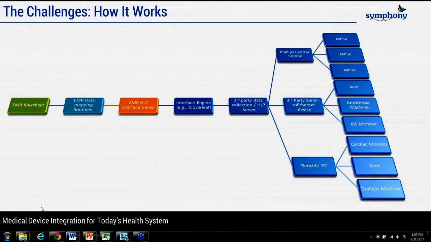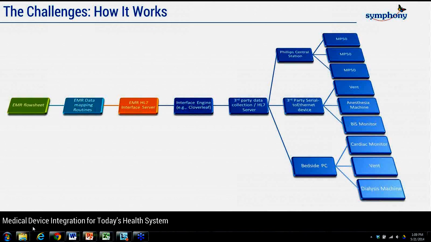EMR of any kind, McKesson or Epic or PICIS or whatever you happen to have, all works pretty much the same way. Once you have that mapping done, that is what actually drops the data into the particular cells on your flow sheet where you want it to appear for your clinician. So that's a really high-level view of how that works.